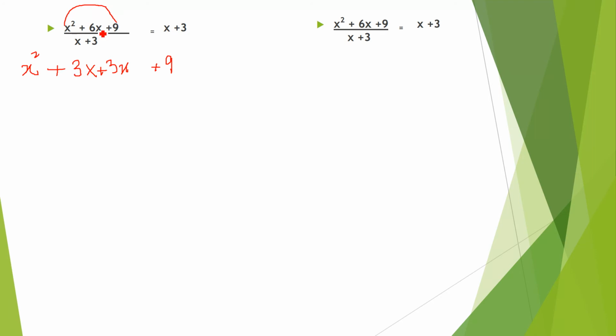So see, I split 6x as 3x plus 3x. When I multiply 3 times 3, it is 9x², right? So it is okay, and divided by, do not forget that we have x plus 3 as well.